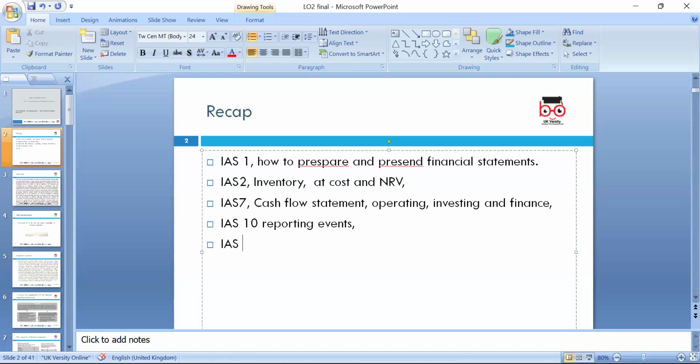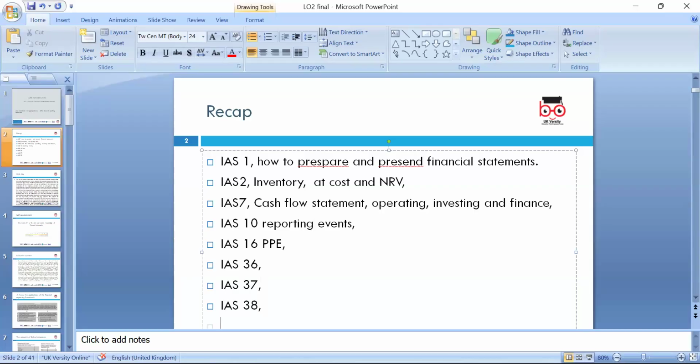We discussed IAS 16 about PPE, property, plant, equipment, then IAS 36 and 37, contingent asset, and IAS 38, impairment and goodwill treatment.